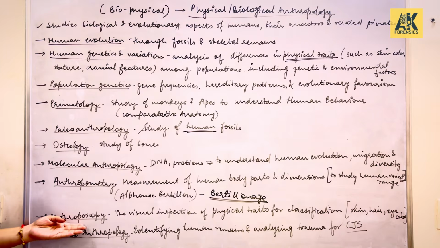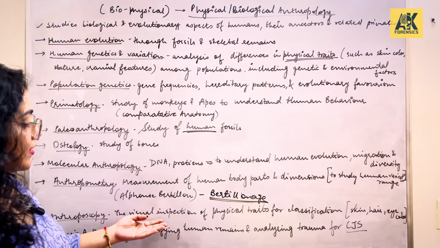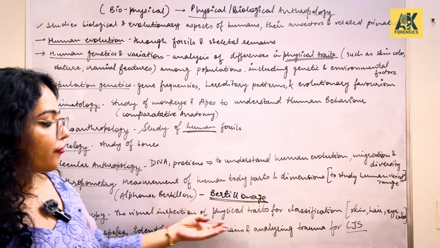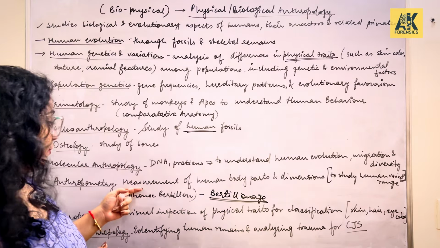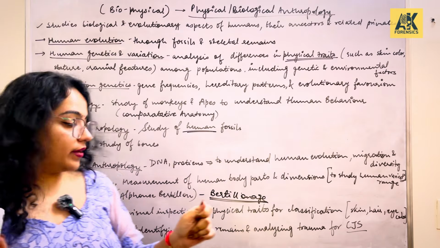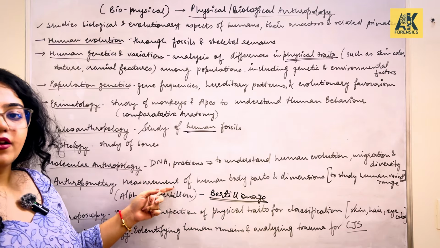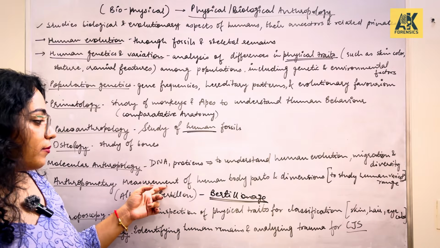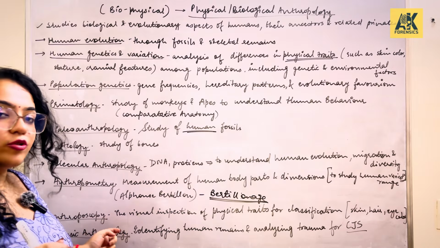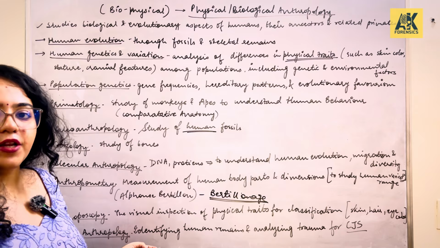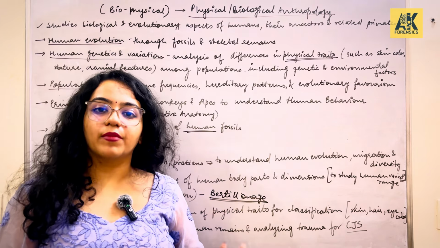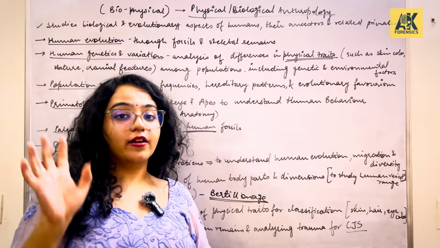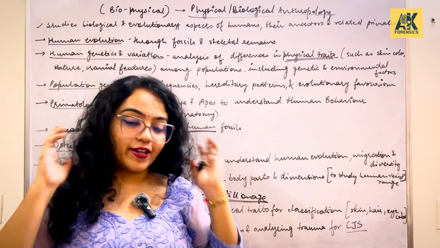Then there is this field of anthroposcopy, which actually means the visual inspection of physical traits for classification. So anthropometry is the measurement, it is the mathematical way, it is a measurable quantity, while anthroposcopy is a bit of a descriptive identification in which the physical traits are given some name, like the eye color is blue or the hair are curly, right?